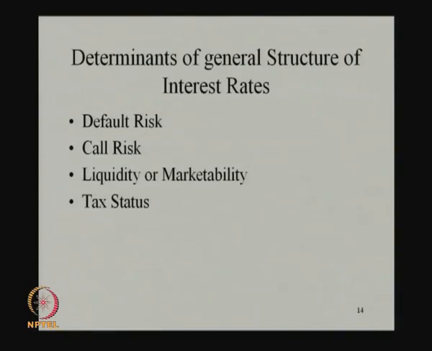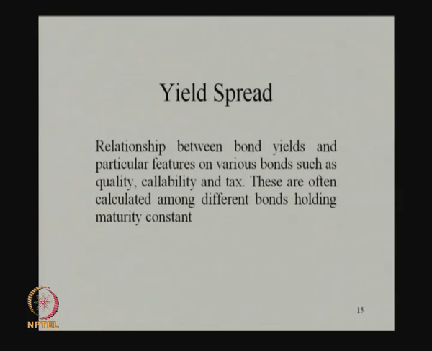That is why it affects the return. Then there are certain bonds which are tax exempted, so the coupon will be a little less as compared to normal bonds which are not tax exempted. So, these are the common factors which affect the structure of the interest rate.